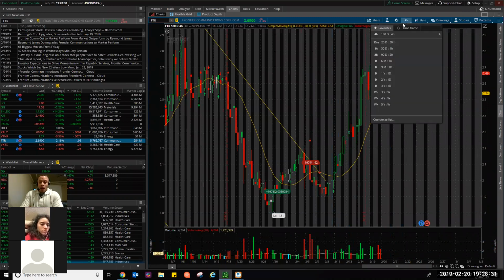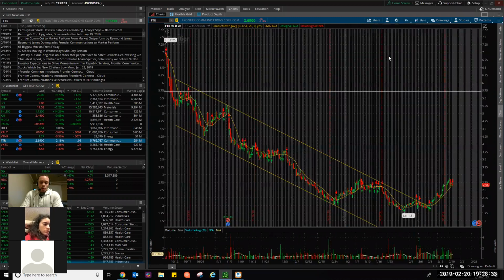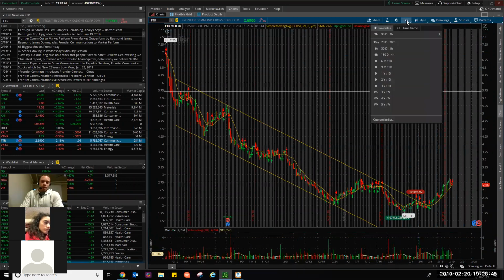And even with the 4 hour, the 90-day 2 hour, it's way more defined. It's going to show you 4 candlesticks for one day because it's an 8-hour day. So with the 4 hour, it's giving you 2 candlesticks for the day, and I like that.